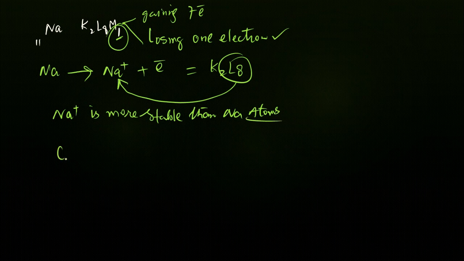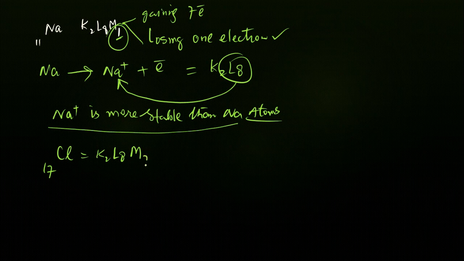Now let's understand chlorine, atomic number 17. It is K2L8M7. Either lose all the 7 electrons from the M shell, or gain just 1 electron to have M8. These are two options available for the chlorine atom. Being electronegative, it prefers to gain 1 extra electron in order to be stable.